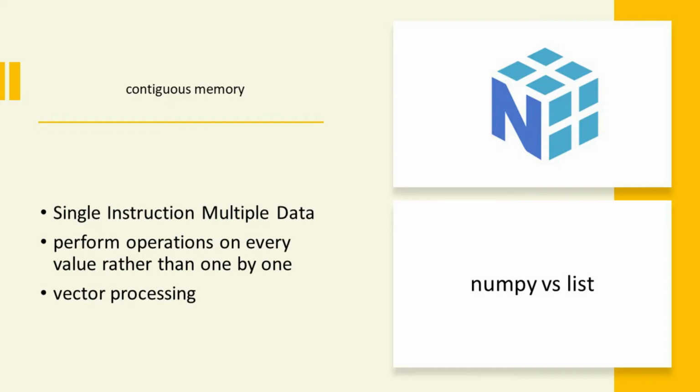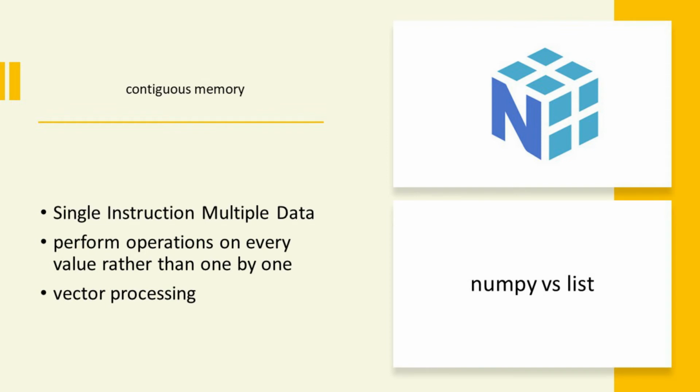Not only this, with the contiguous memory, single instruction multiple data, SIMD, can be used, which means that we can apply operations on more than one item at a time. This is very useful for things like vector processing. Imagine you had 10 numbers.